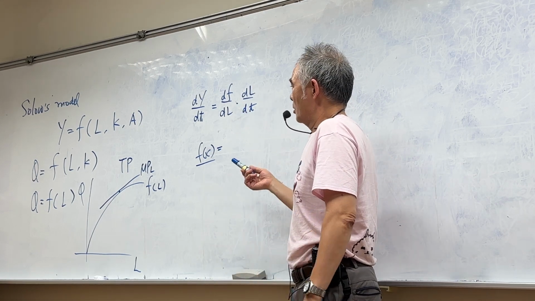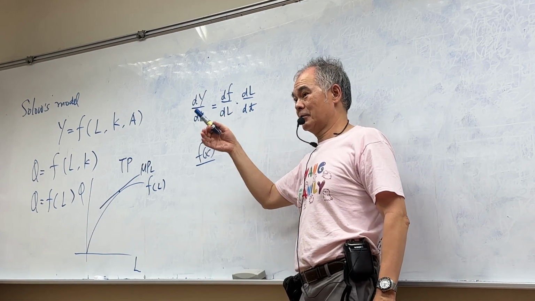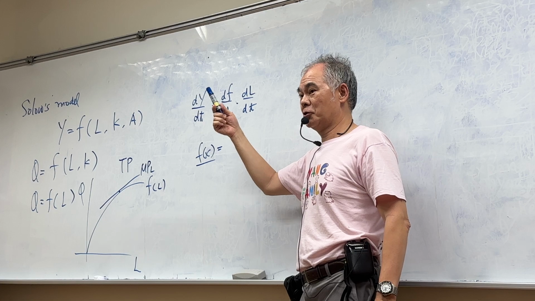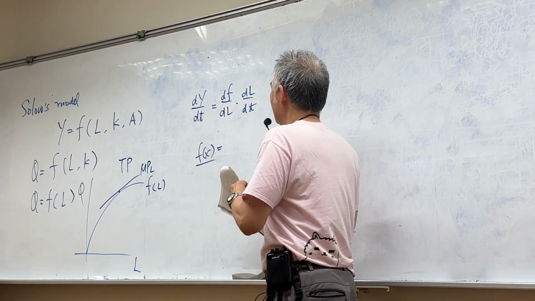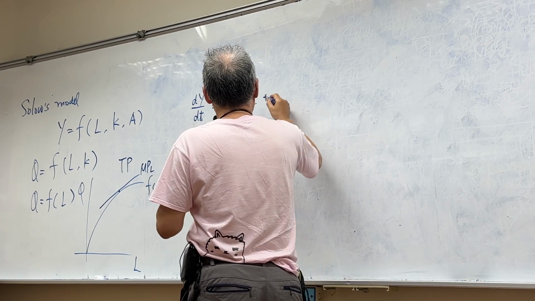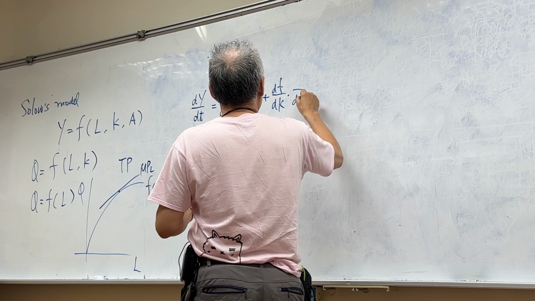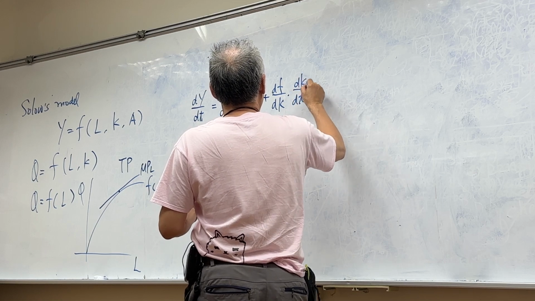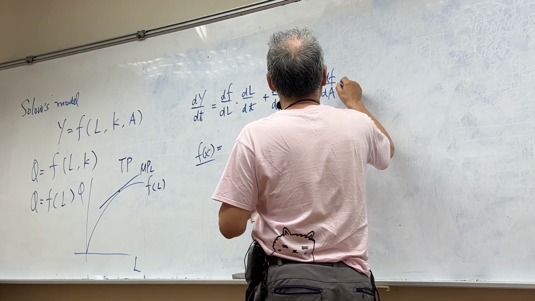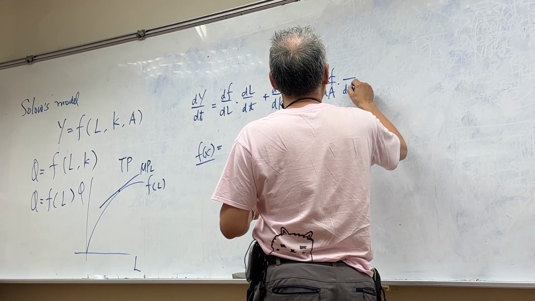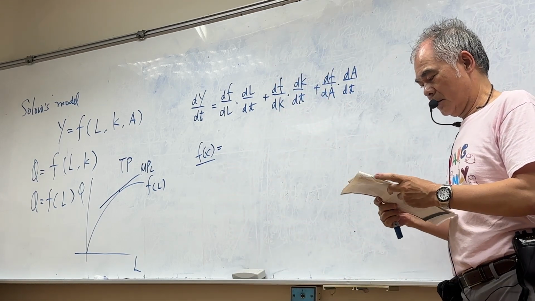Anyway, this one will not be in the test, but just believe me, or you can check your calculus textbook about how to operate all these. And then you have dK, dF, dt, dK, and then dA, dF, and then dt, dA. Any questions?